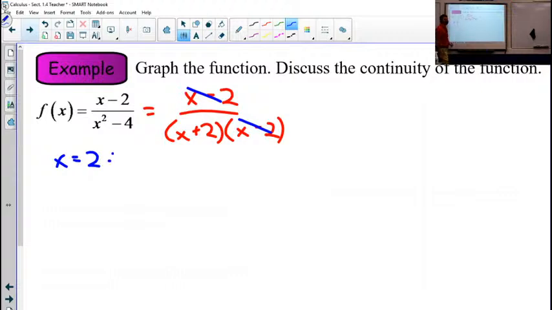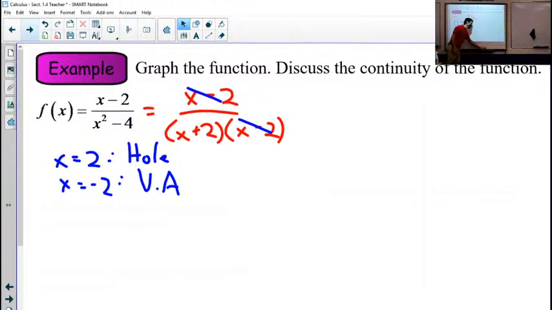What's happening at 2? If they're canceling on top and bottom, that's a hole in the graph. And then negative 2. What type of asymptote? Vertical. Where's the horizontal asymptote? It's at 0 because degree on top is less than degree on the bottom.